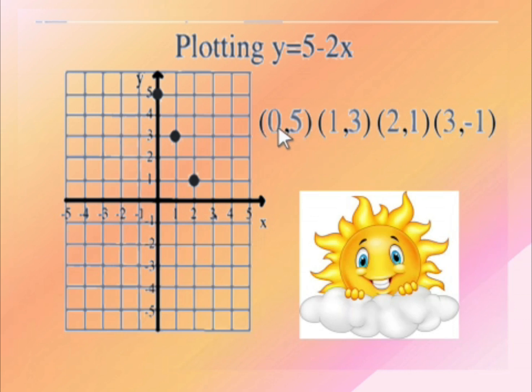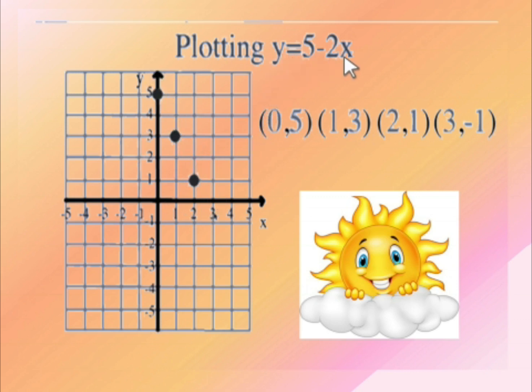In the first lecture we saw how to plot the points. If it is (0, 5), first go to the x-axis origin, then go to 5 on the y-axis; then (1, 3), come to 1, go to 3, and like that go on plotting the points.